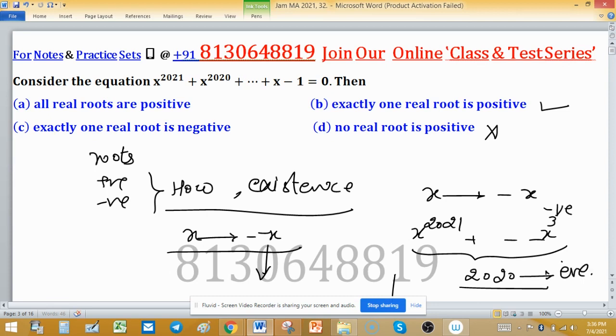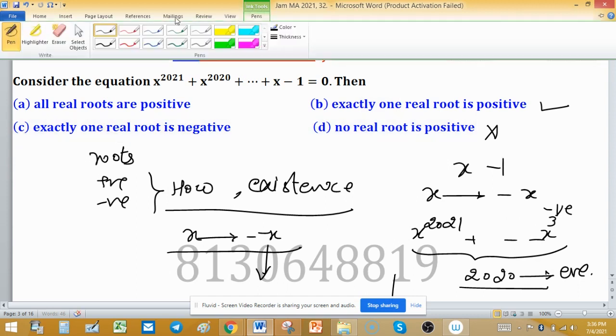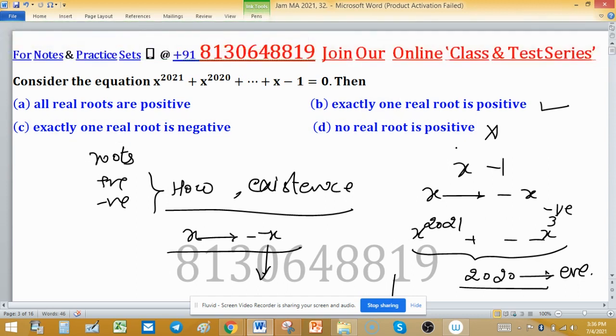So half is positive and half is negative, so the entire sum will cancel out. So the value will depend on x minus 1. After putting x to minus x, you can see the value of this is negative, meaning there is no sign change after applying this transformation. So minus x minus 1, there is no sign change.